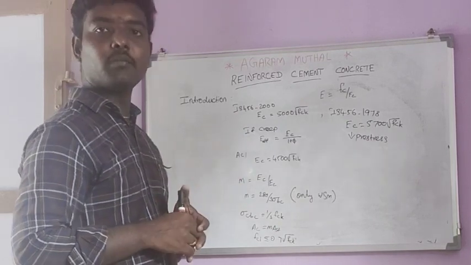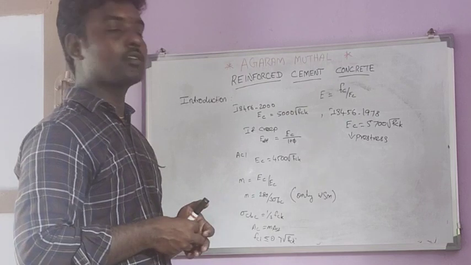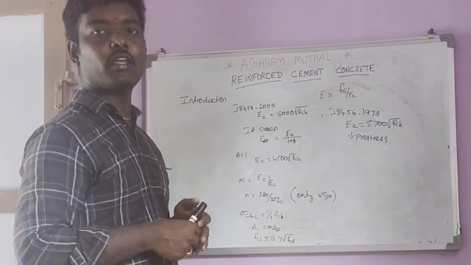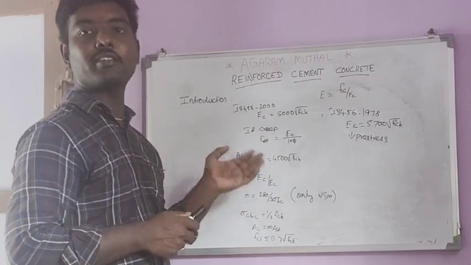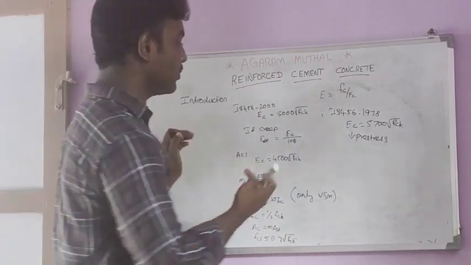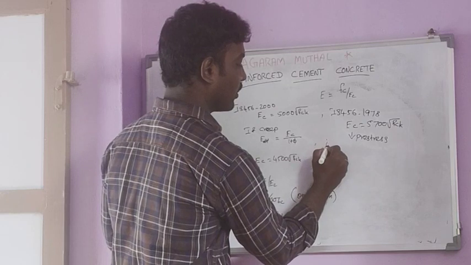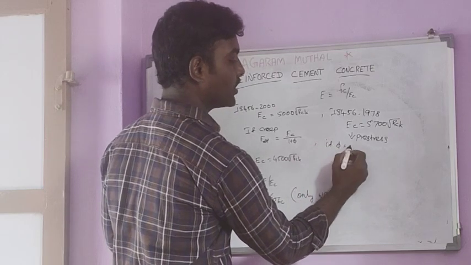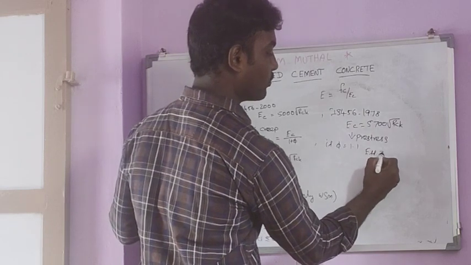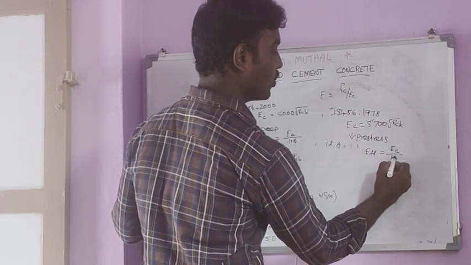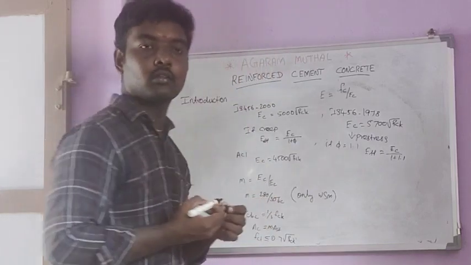And if creep occurs in concrete, we have to find the effective Young's modulus, which becomes Ec divided by 1 plus theta, where theta is the creep coefficient. For example, if the creep coefficient becomes 1.1, our effective Young's modulus becomes Ec divided by 1 plus 1.1.